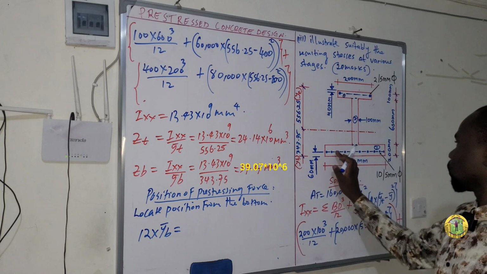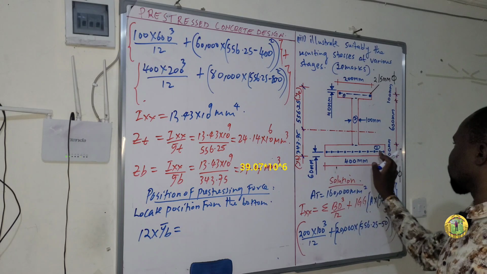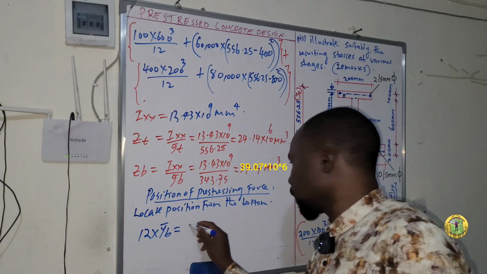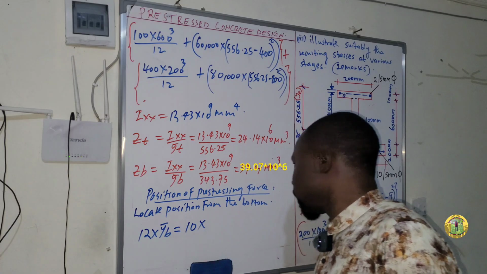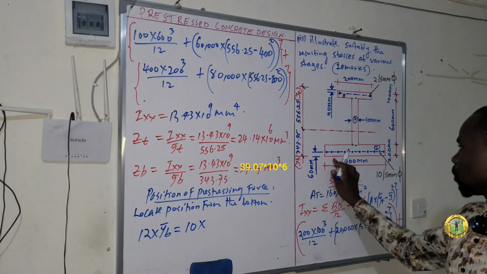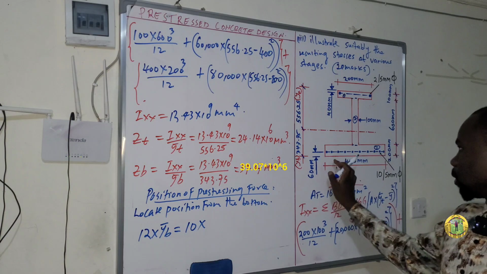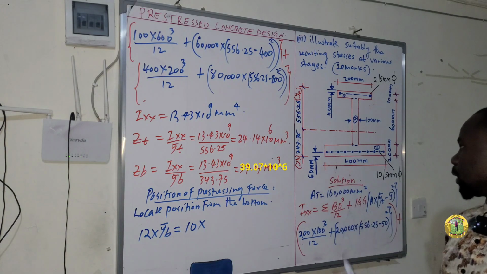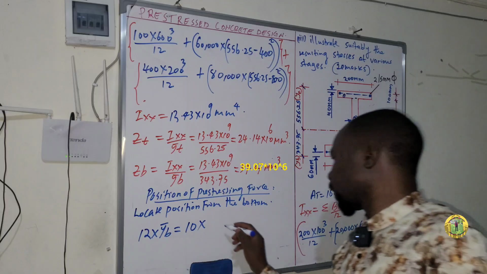So we have 1, 2, 3, 4, 5, 6, 7, 8, 9, 10, which is equal to 10 times the distance from the bottom, because we are allocating the position from the bottom. So the distance from the bottom is 60 millimeters. So times 60.